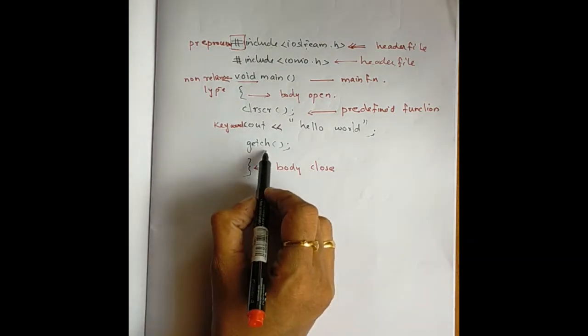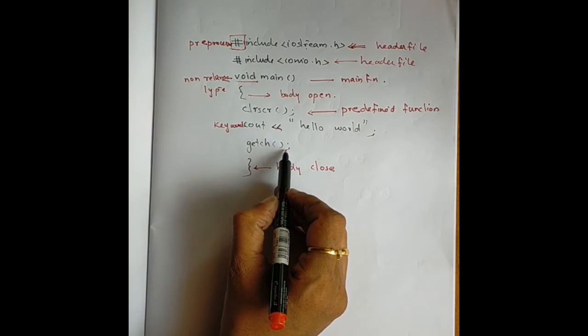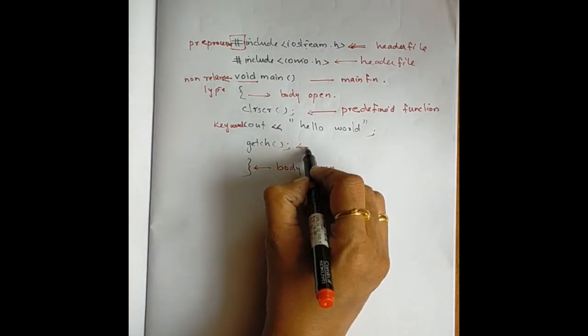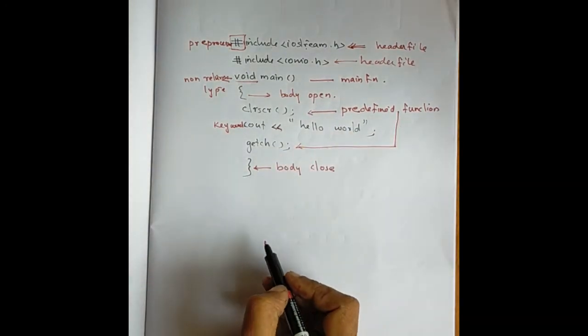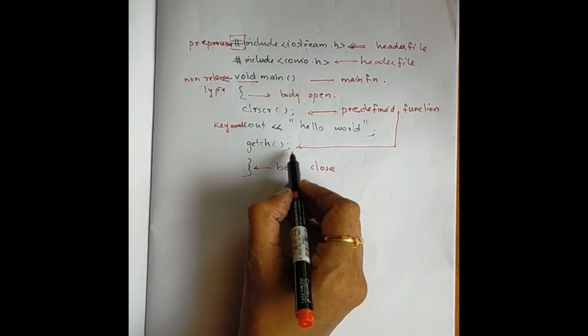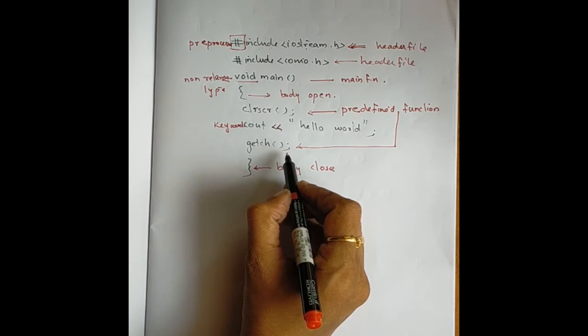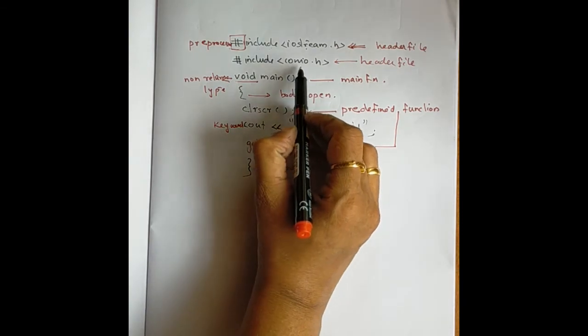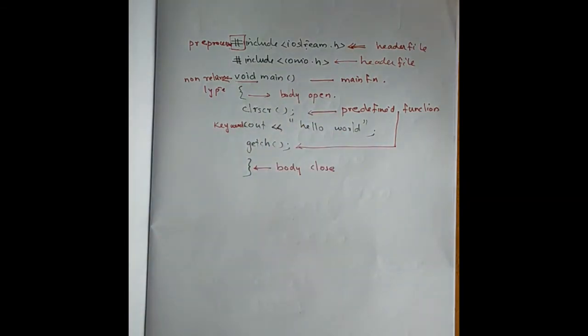And next is getch. It is also a predefined function which is used to hold the output screen. It is also defined in the conio.h header file.